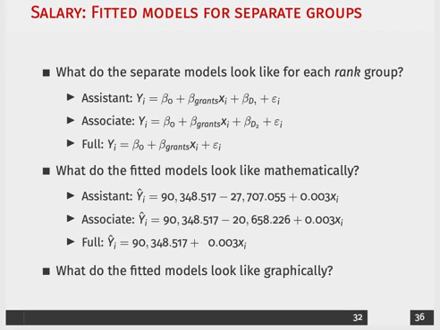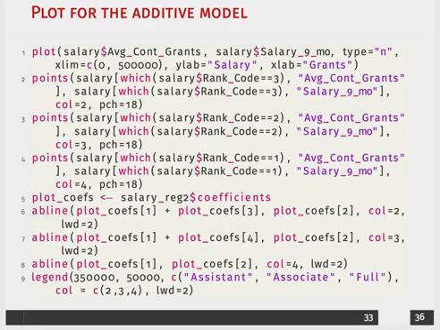We can then go ahead and actually look at these fitted models graphically quite easily in R. Now, there's a lot of code on here. The only thing that is really essential here is that I am putting the dots and differentiating them by color for rank. That's all I'm doing here from lines 1 through 4.